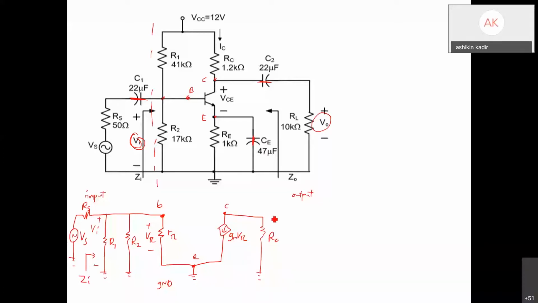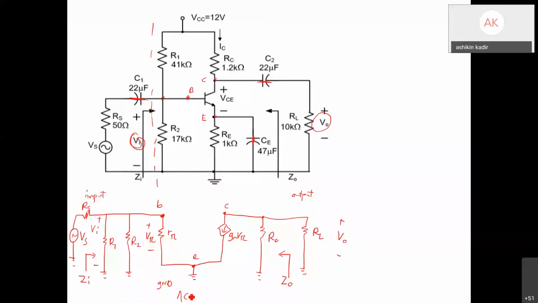And then from C connected to RL, RL to ground. Then put label V out at RL. And also Z out. Z out here is before RL, pointing to RC. So here is your Z out.